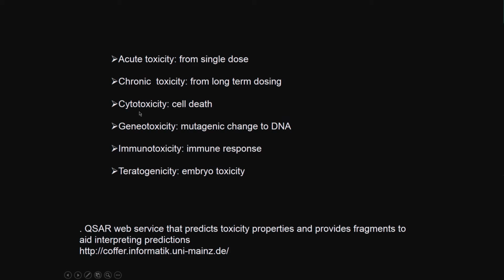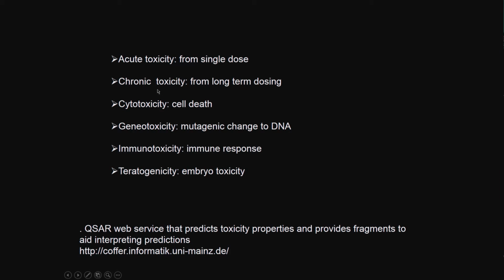Cytotoxicity, so the drug kills cells. Genotoxicity, there is some mutagenic change to the DNA. Immunotoxicity, the immune response is compromised. Teratogenicity, embryotoxicity.